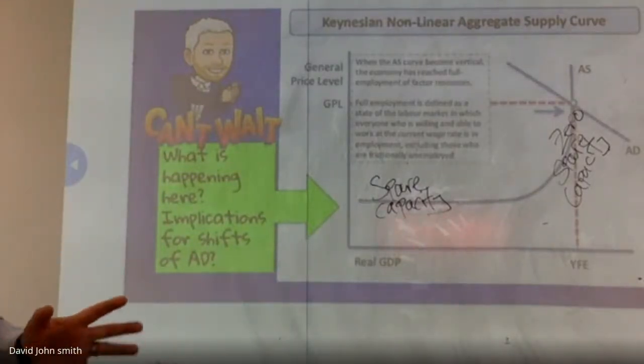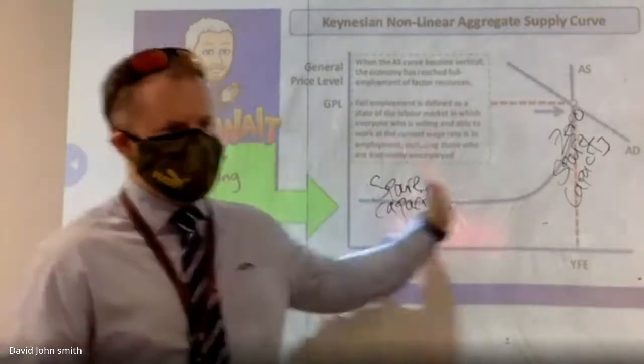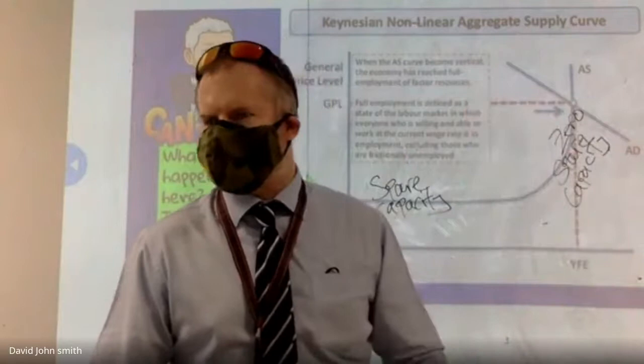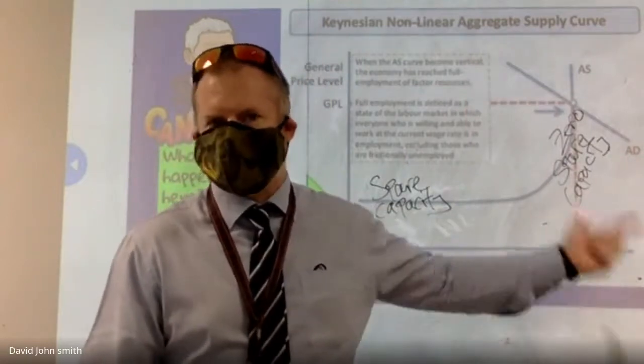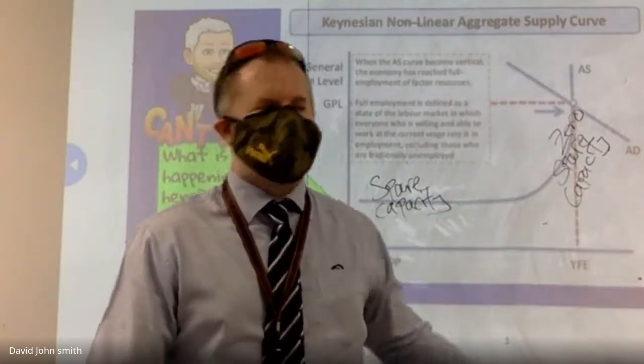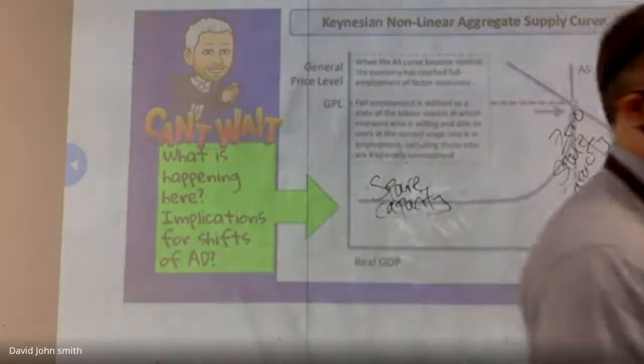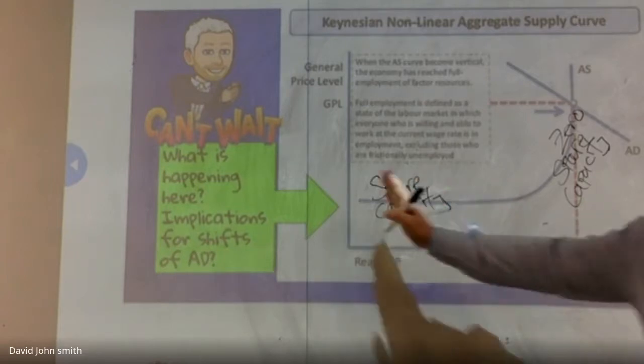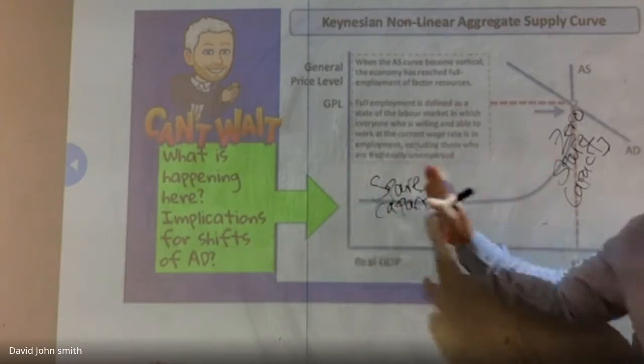So, spare capacity, zero spare capacity. You can right away see a very clear difference between classical economics and Keynesian. And the policy implications are going to be huge. So this is why the examiners love it. You can see why they love it. Because if you're talking government expansion here, it's going to work.